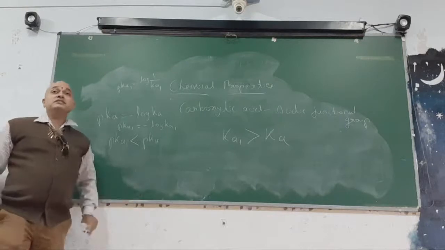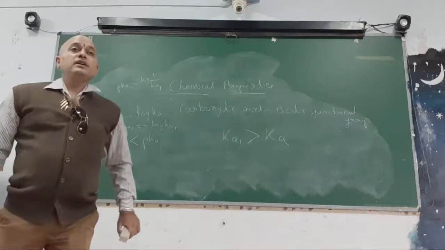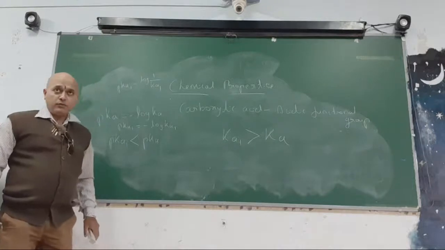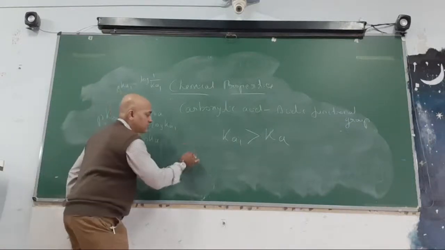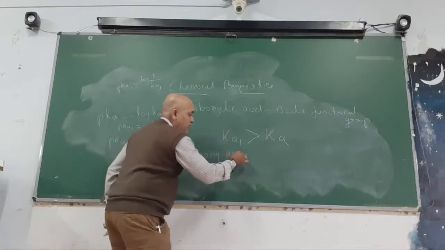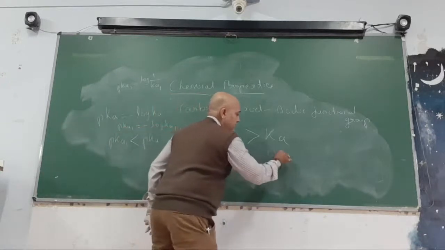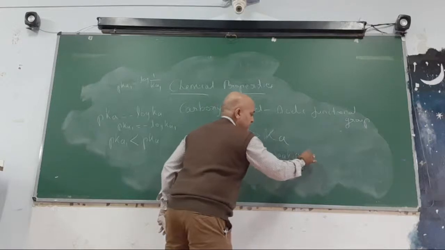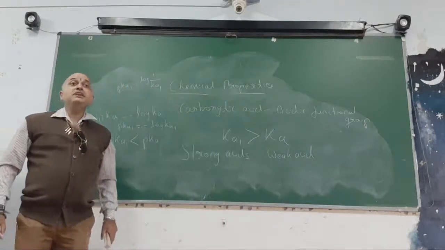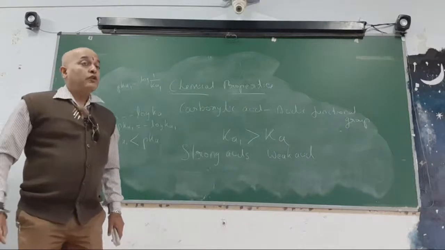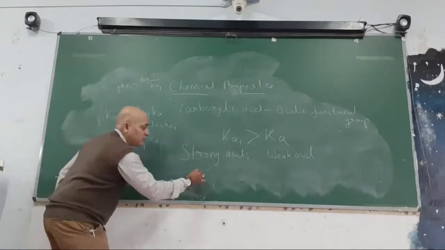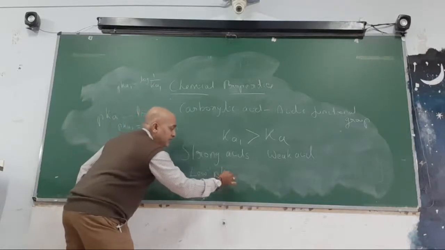Why am I stressing this? Because when I talk about the acidic character of a molecule, we have strong acids and weak acids. What do you mean by strong acids? Those which have a low pKa value.